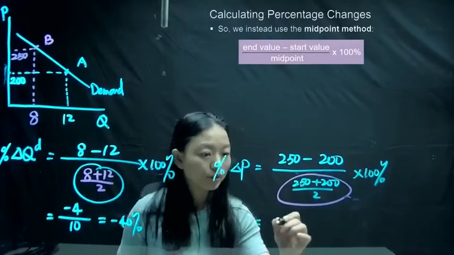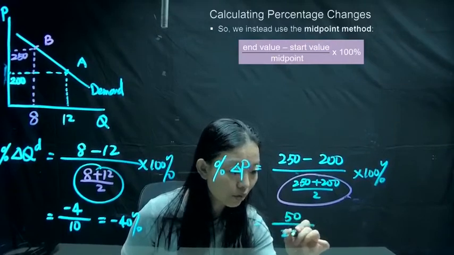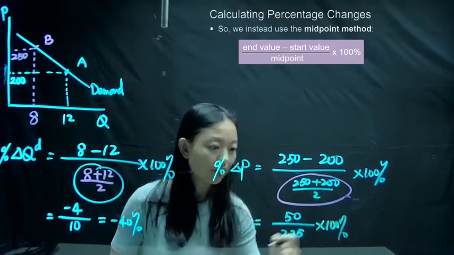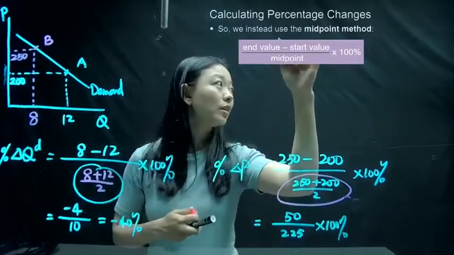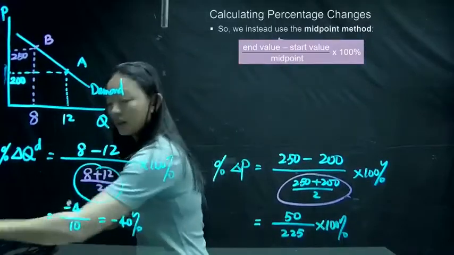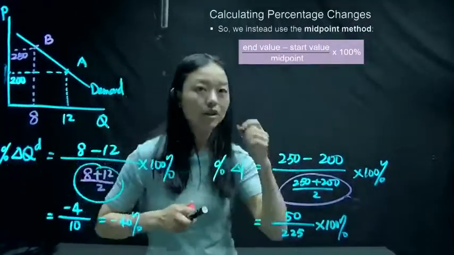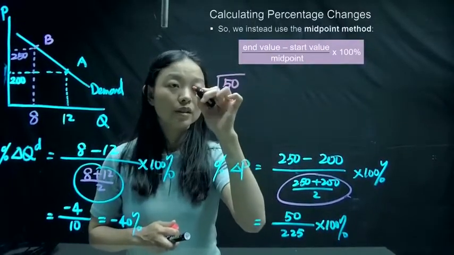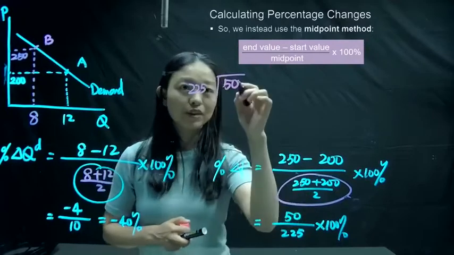So this will equal 50 divided by 225 times 100%. Okay, so now we have 50 divided by 225. We can simplify it a little bit.